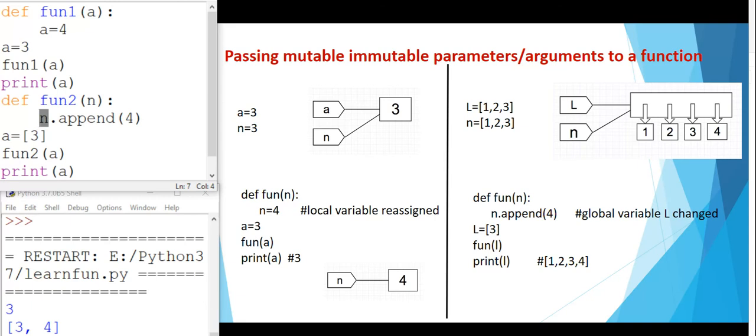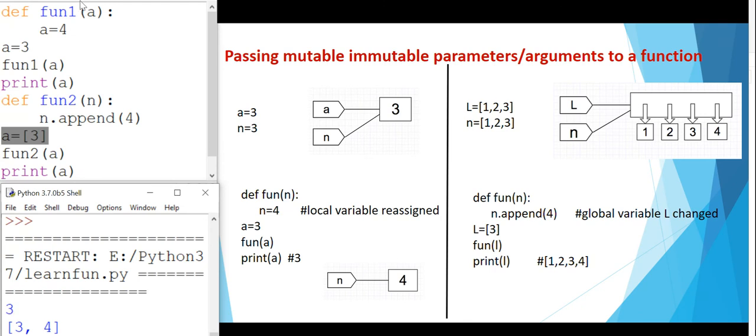That is, to n, whatever has come as a parameter to function 2, I have appended 4. So the original a has been turned into 3, 4. Hence you can see the output will show me 3, 4. So the original list is appended or changed over here, whereas here the original value 3 is not changed.